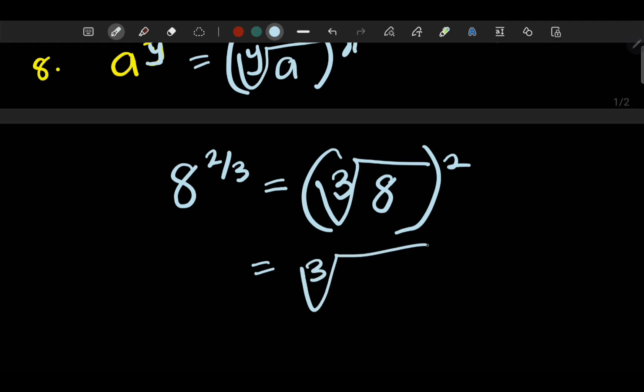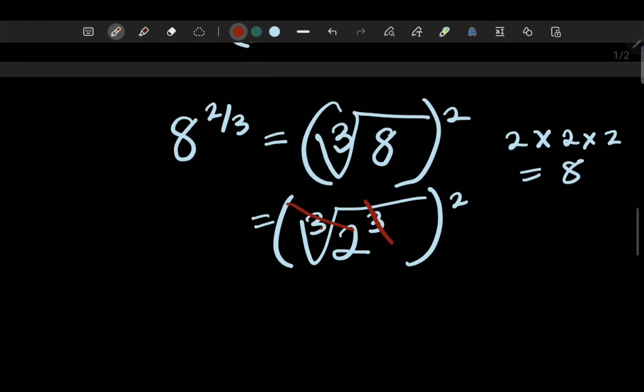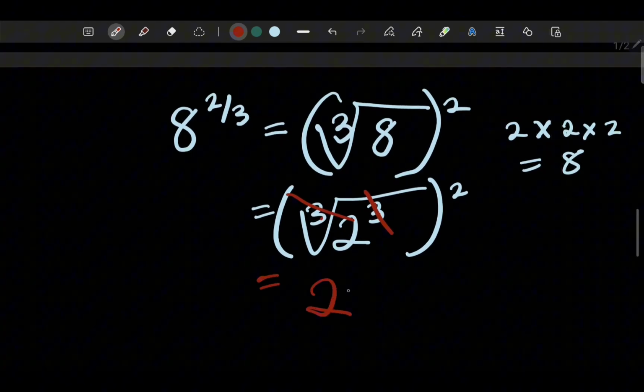The cube root of 8 can be broken down as 2 times 2 times 2, because 2 times 2 is 4 and 4 times 2 is 8. So I can represent 8 with 2 to the power of 3, then everything to the power of 2. This is a cube root and this is a power of 3. So this power of 3 cancels the cube root, leaving us with just 2 to the power of 2.